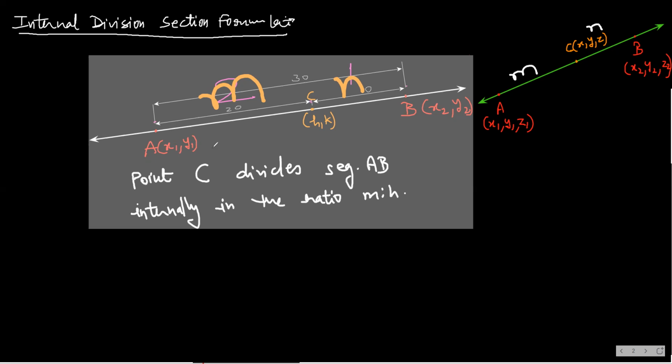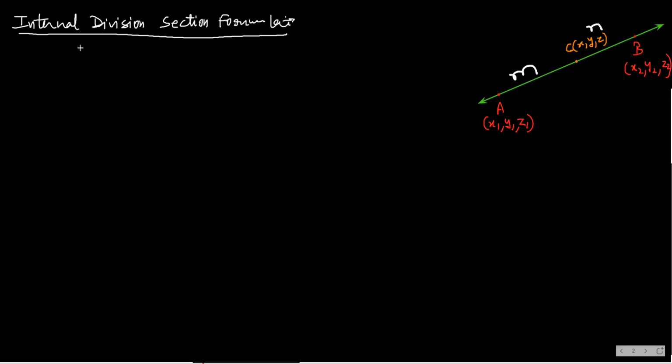There is no z coordinate. So x and y coordinate for A, x and y coordinate for B, x and y coordinate for C. The ratio of division is m is to n because point C lies in between AB. Here also point C lies in between AB. So now it is time to remove this. You have understood the changes that we have. See here.